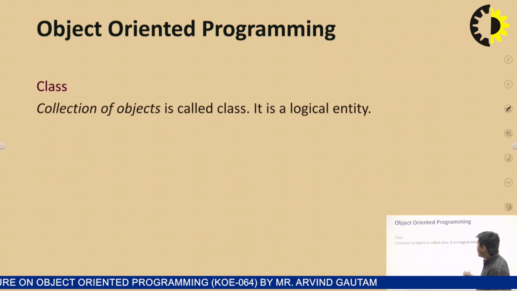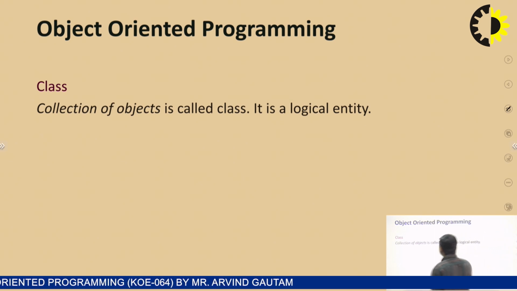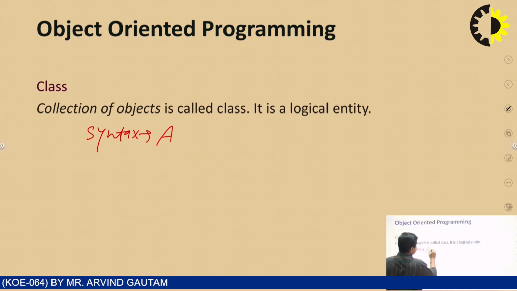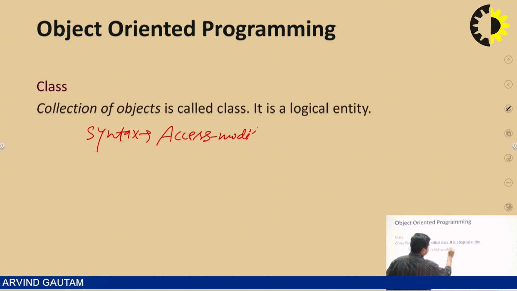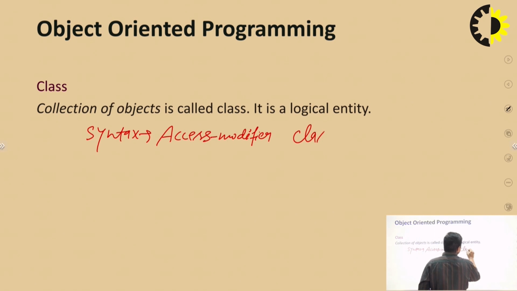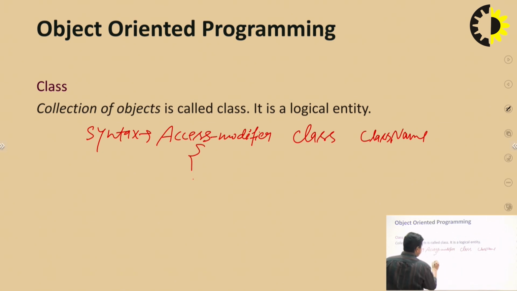A collection of objects is called a class, and it is a logical entity. The syntax is access modifier, then the class keyword, after that the class name, and we will declare the body of the class.